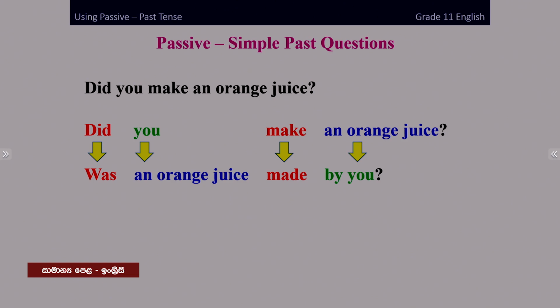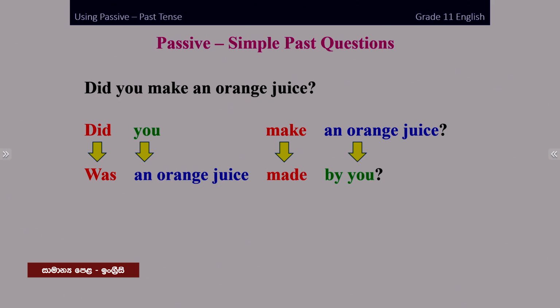Identify the subject, object and the verb and see how we have changed it. An orange juice has come in front, you has come behind along with the by agent, and the word make has been changed into made, which is the past participle form of the verb make. What has happened to the first word?